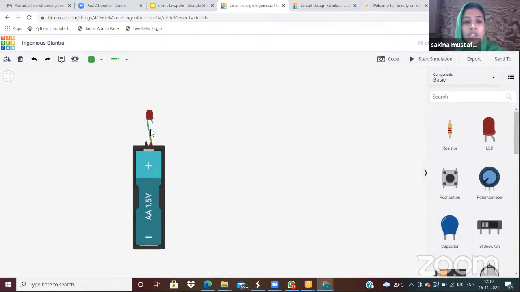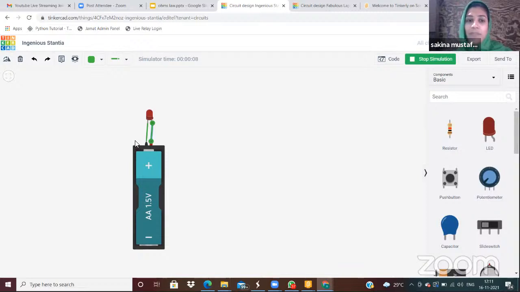Let me do the connections in a proper way and click on start simulation. You can see the LED is blinking. So it is going from the negative, that is the cathode, and the flow of current is in this way. So this is a simple circuit.